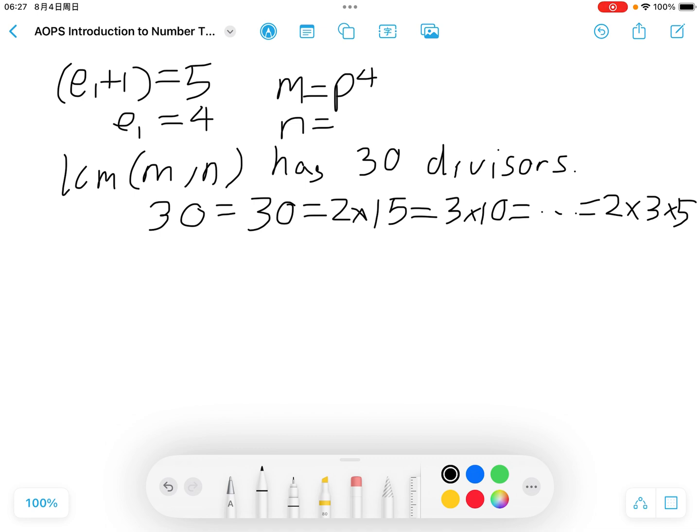So the largest number of factors that I can have is 3, so we have p1 to the power of 1, p2 to the power of 2, p3 to the power of 4. So this is the best way we can express m and n for their GCD and LCM to have 5 and 30 divisors. So our answer here is going to be 3.